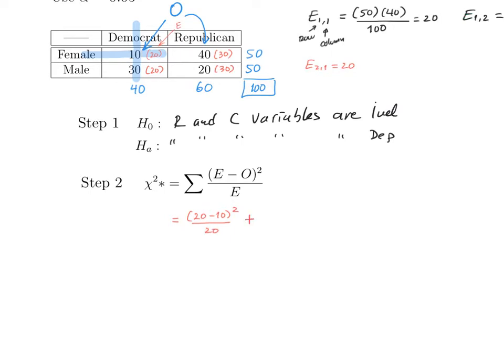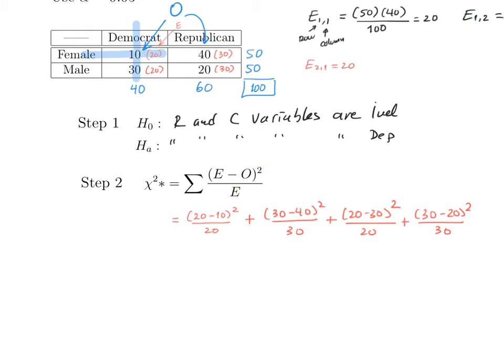Then move to the next one. So now this will be 30 minus 40 square over 30. And so forth. So you have to do this 4 times. And then finally, 30 minus 20 square over 30. On the top, it actually doesn't matter if you have E minus O or O minus E, because when you square, it becomes positive.